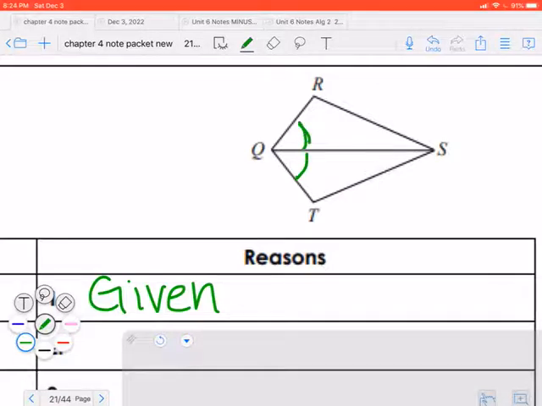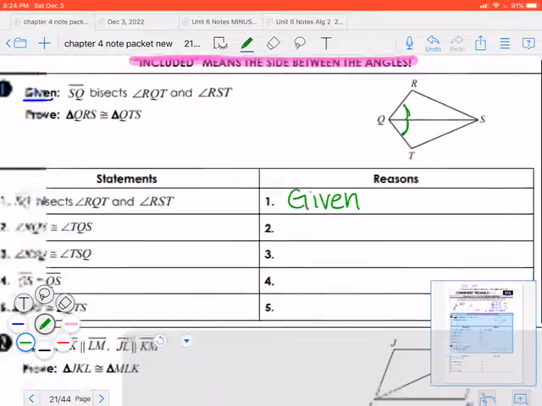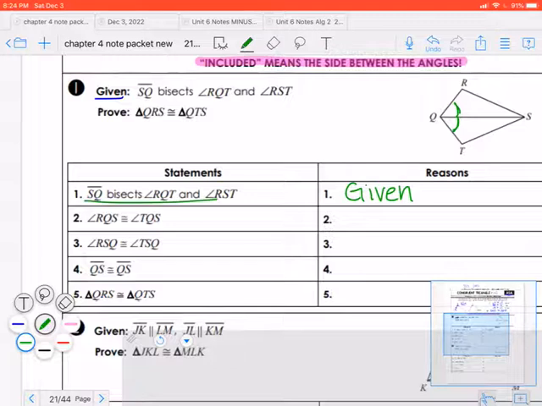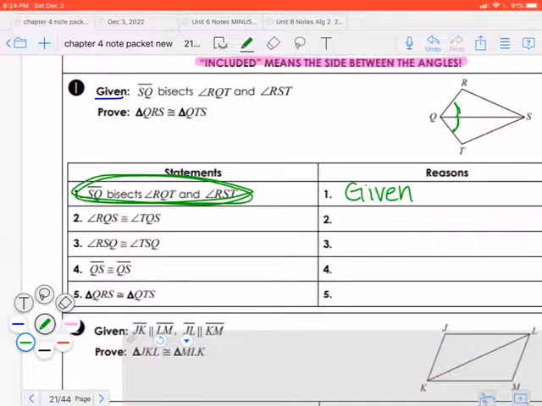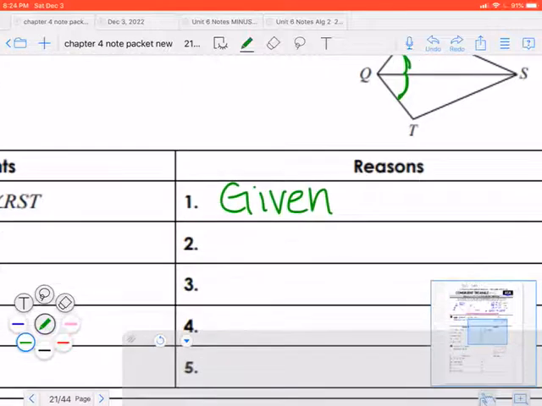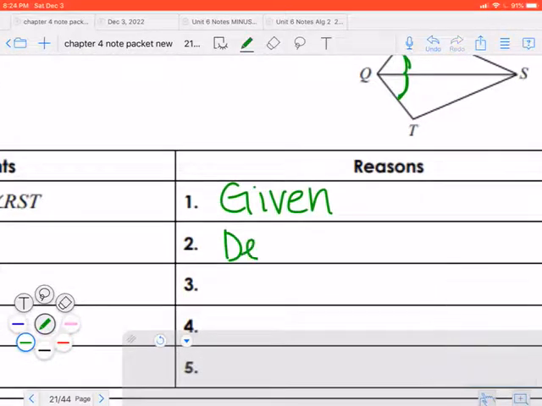So these two angles are congruent. The reason why we know that is because it told us this was an angle bisector. And so the reason is the definition of an angle bisector.